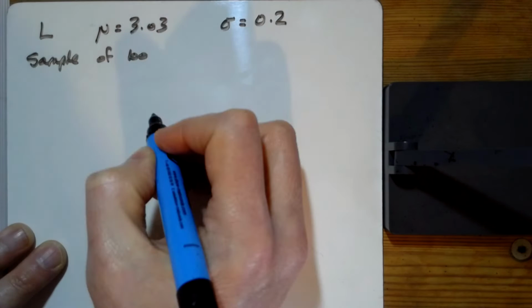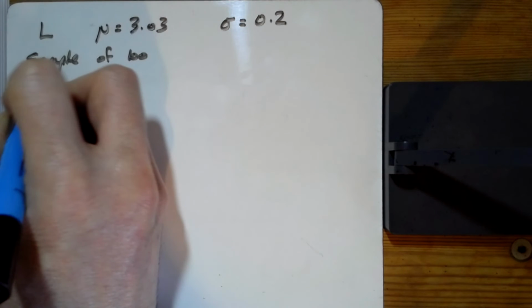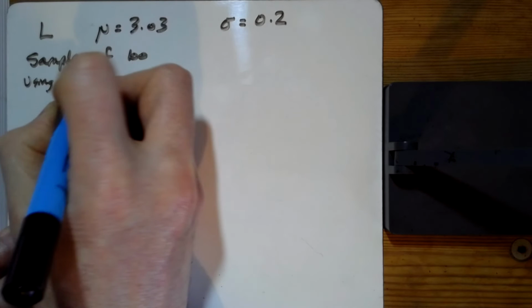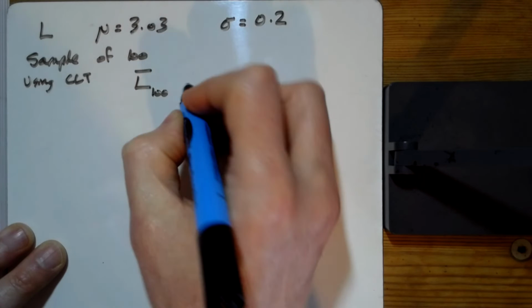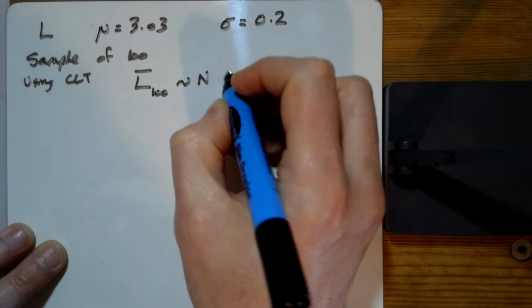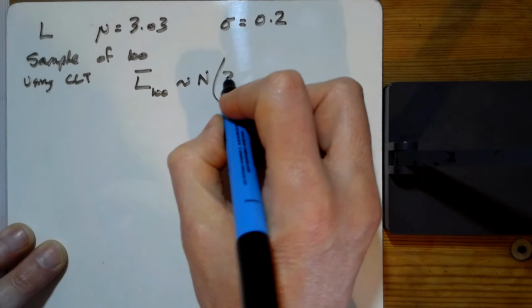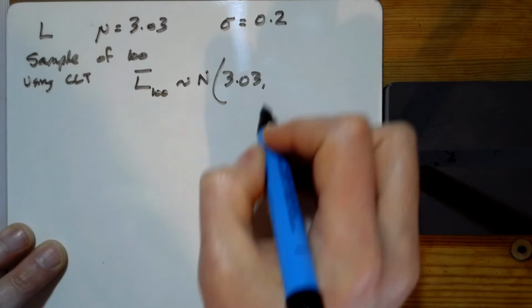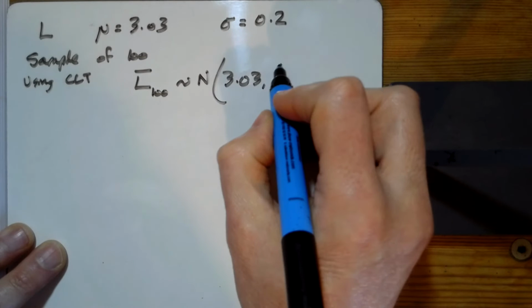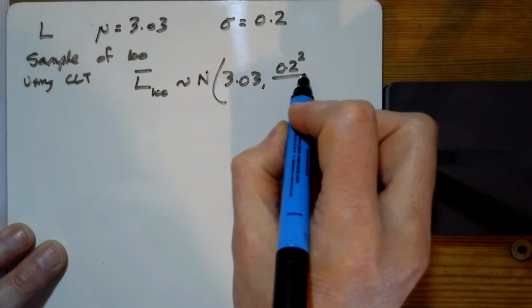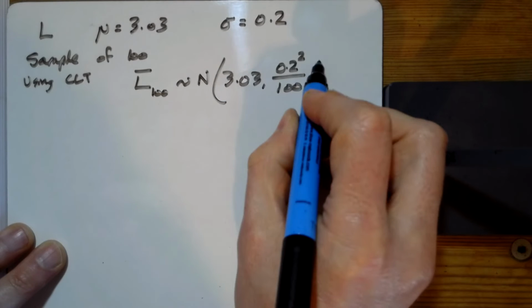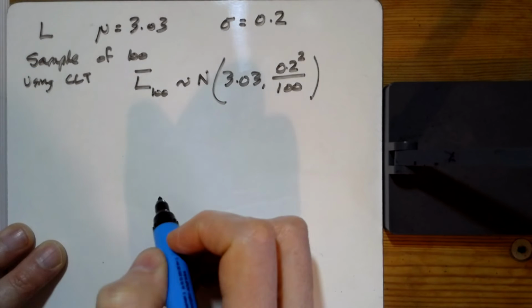Using the central limit theorem, the mean of those 100 bolts would be normally distributed with a mean of 3.03 and a variance of the standard deviation squared divided by 100, because there's 100 of them.